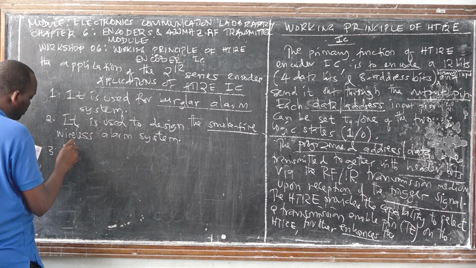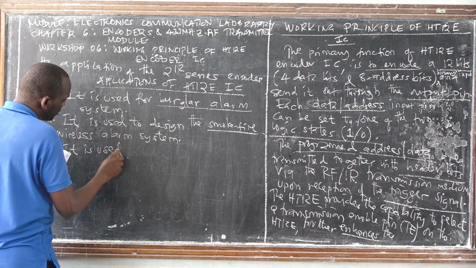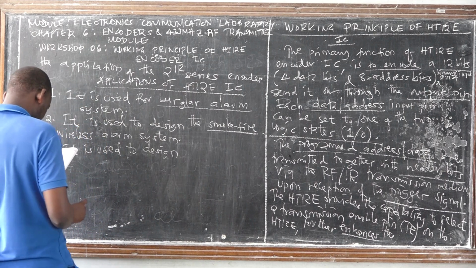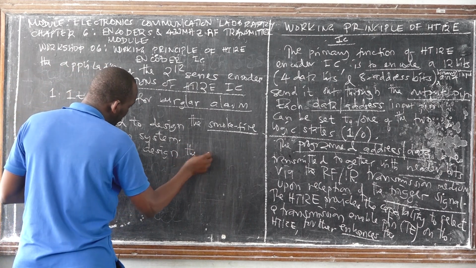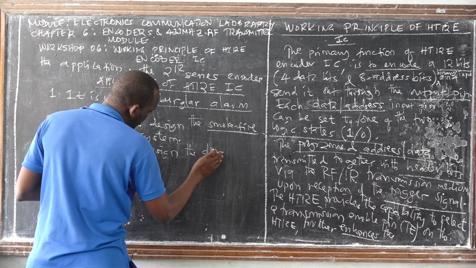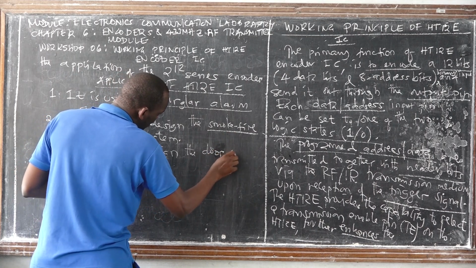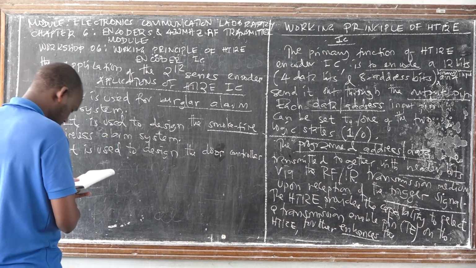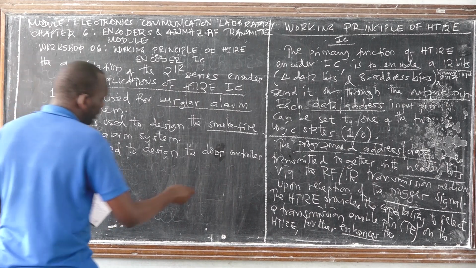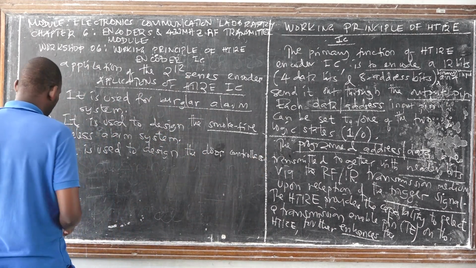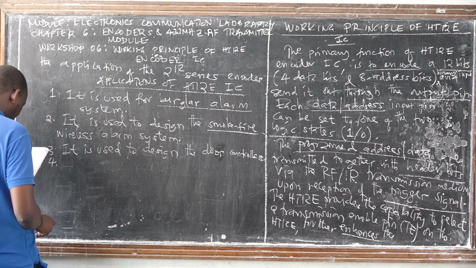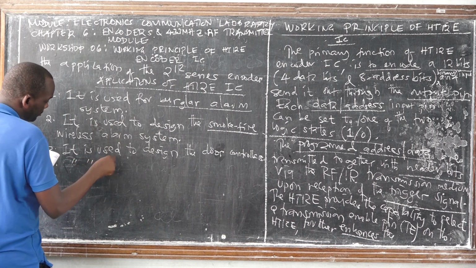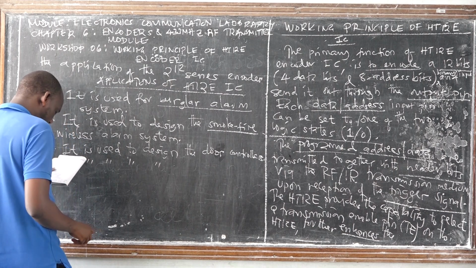But also this one is used to design the door controller system. So in case you want to design the door controller system, this encoder is important to encode the information. But also this one is used to design the car alarm system.